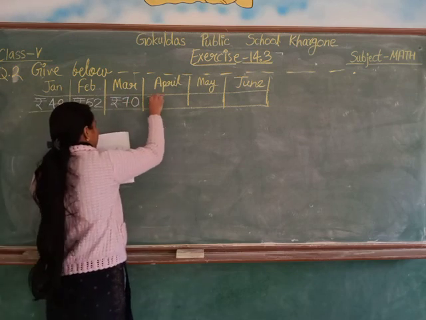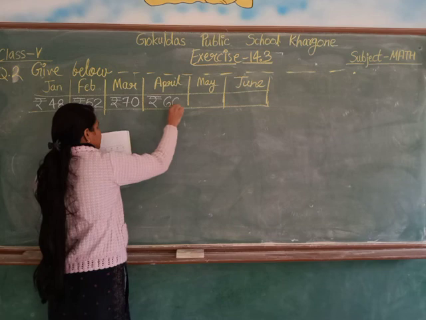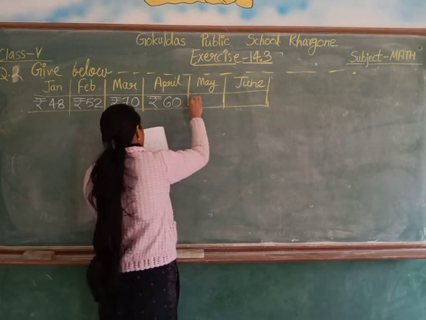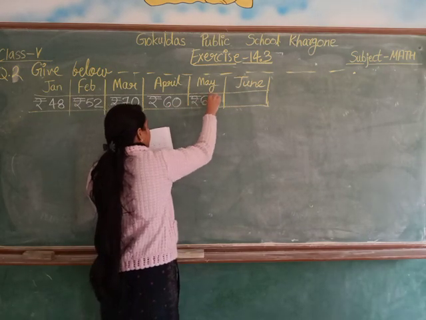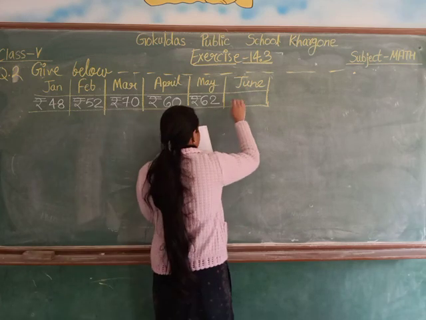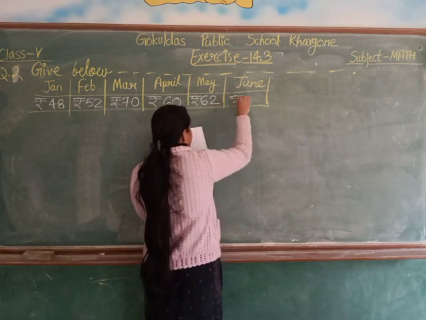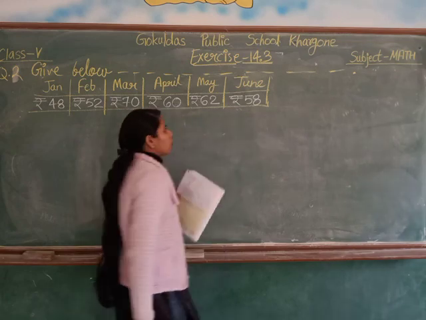In April the price of onion was 60 rupees. In May the price of onion was 62 rupees. And in June the price was 58 rupees.